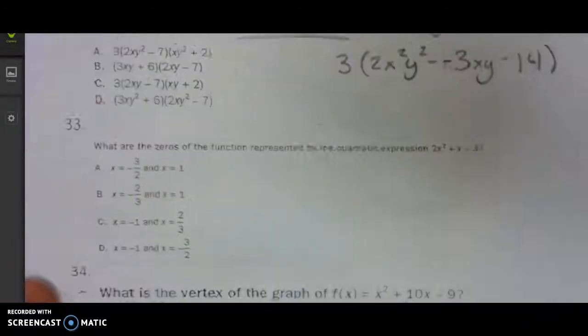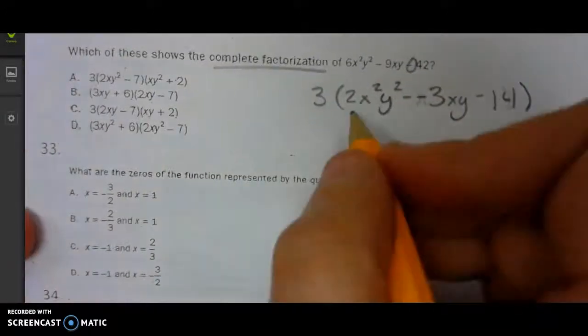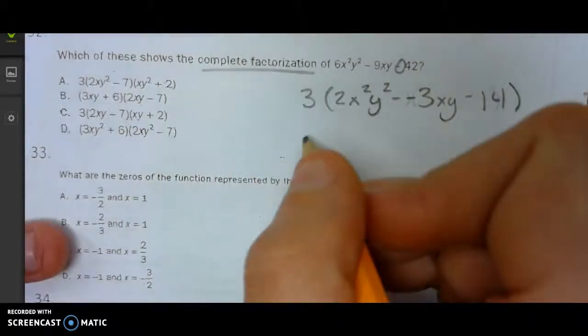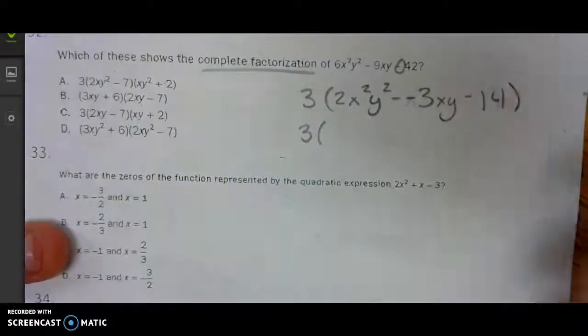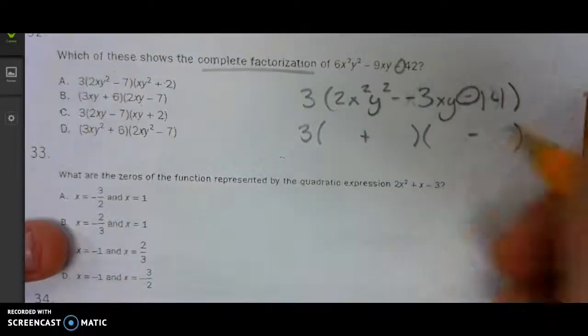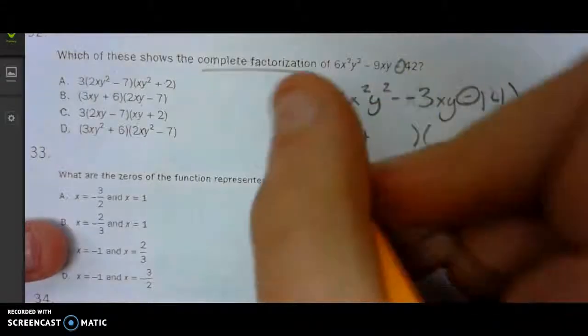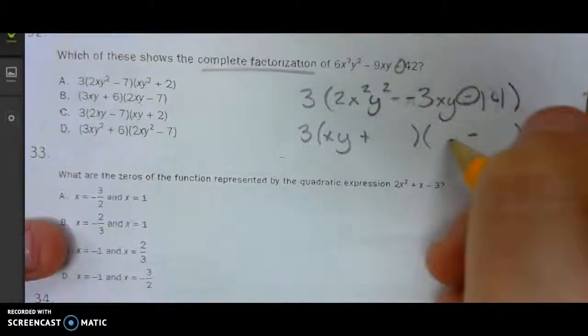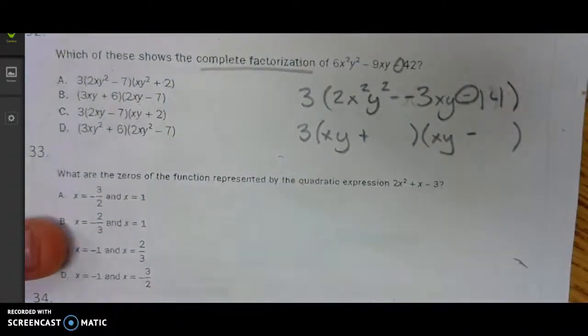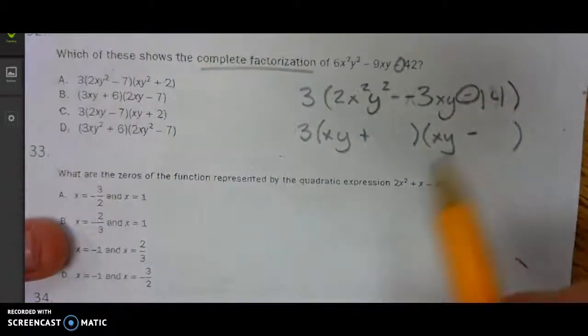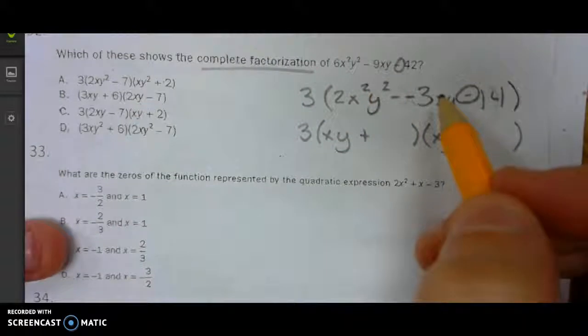Now let's go ahead and do those binomials, right? So 3 stays outside. Remember, it always does that. I know these are going to be different signs because it's negative. I go ahead and put my variables on either side. So there's an x and a y, an x and a y. Now I do first times last, a times c.